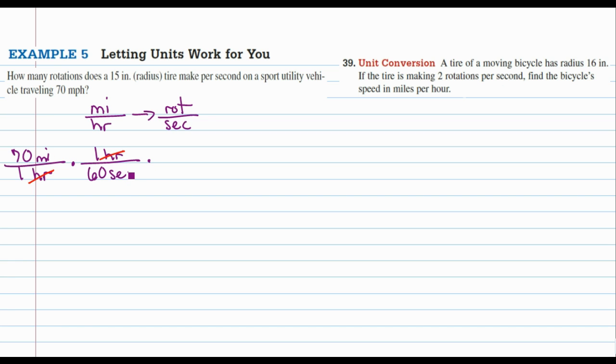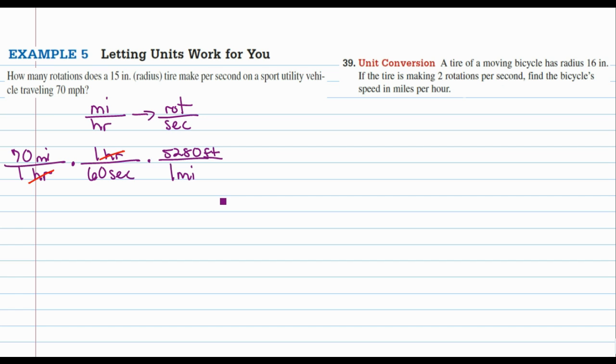Well, I don't want miles per second. I want rotations per second. I have a 15-inch radius tire, so I need to look at changing miles to inches. I know that 1 mile is 5,280 feet.